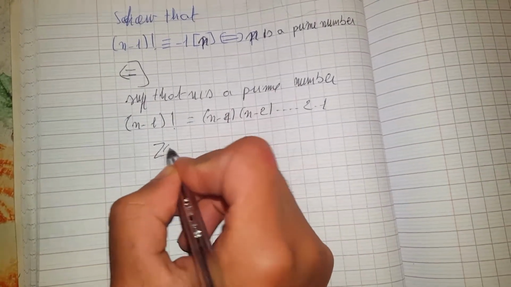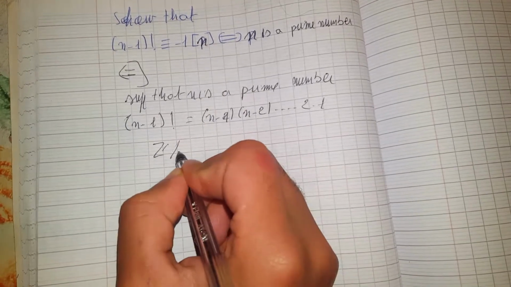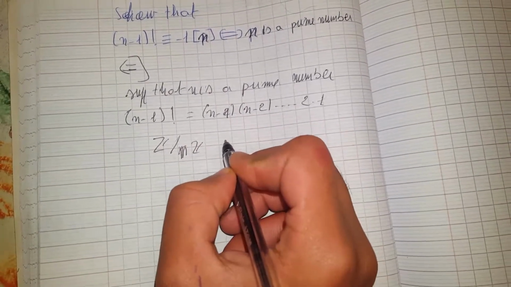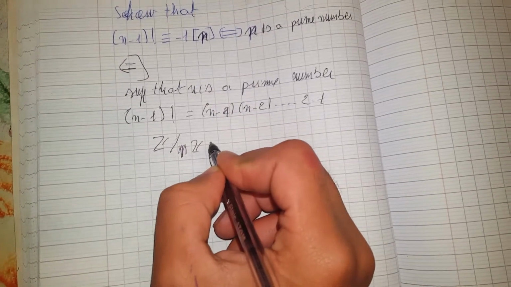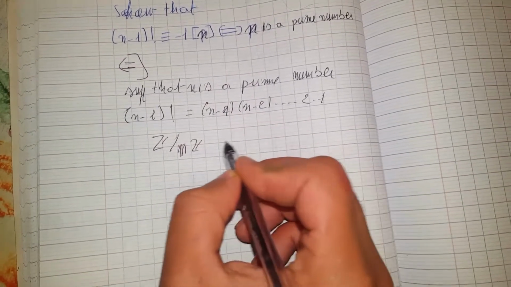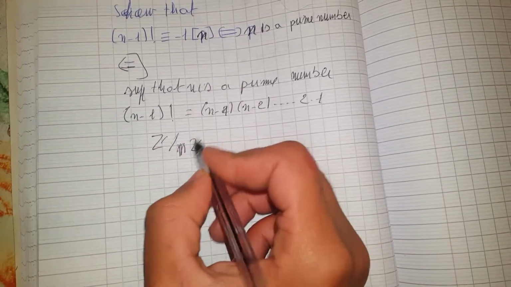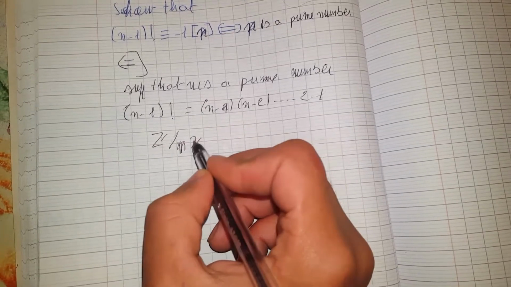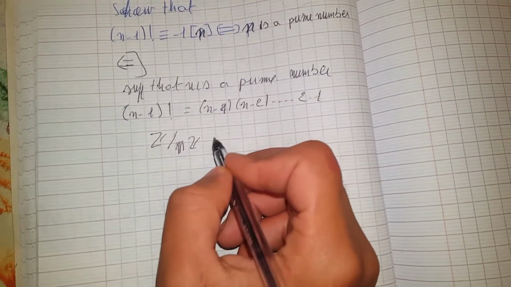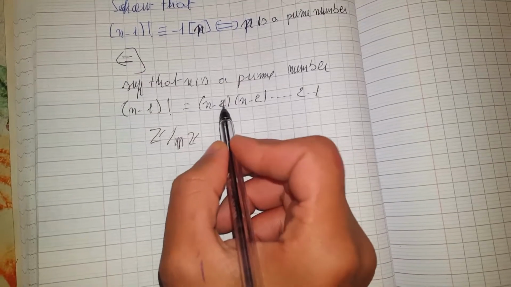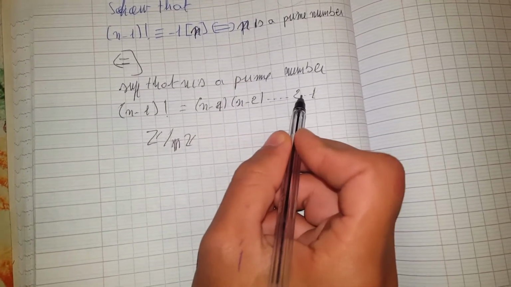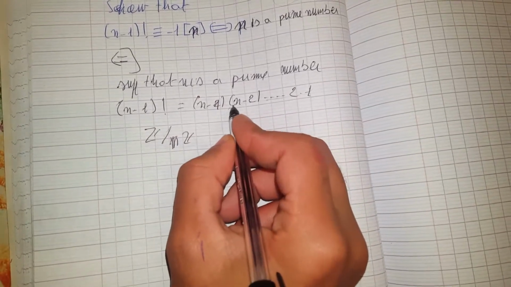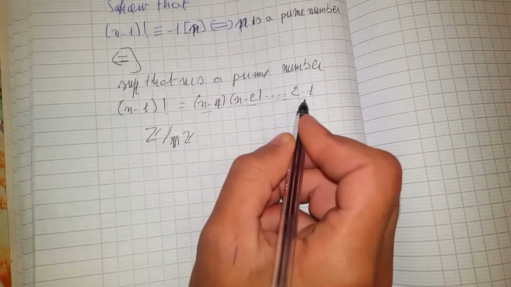We have that Z over nZ is a field, so every element of Z over nZ, except zero, is invertible. So here we have n minus 1 down to 2 and 1, and every element here has an inverse.